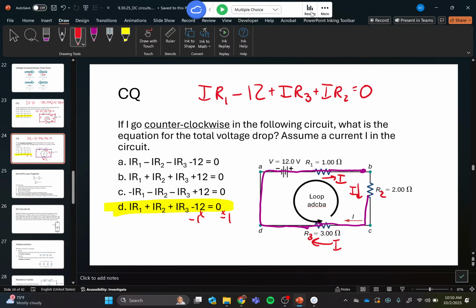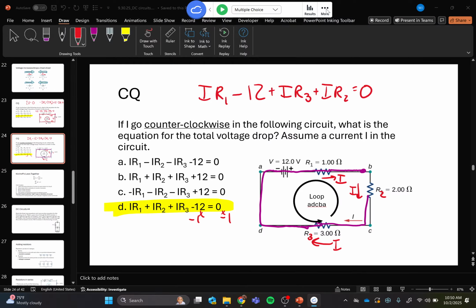Again, this is very important. The reason I'm spending the time on this is that electrical engineers and physics majors need to know this stuff. Mechanical engineers, maybe not so much, but every circuit software is doing this math. Every circuit software is doing the two rules, the junction rule and this one. And even mechanical engineers, you all need to know how to work with electricity as well. Aerospace engineers, you need to work with electricity as well.